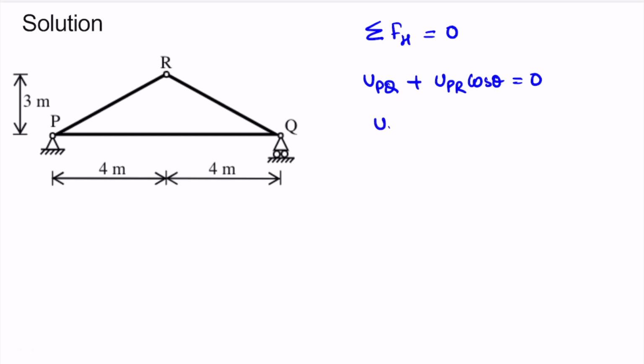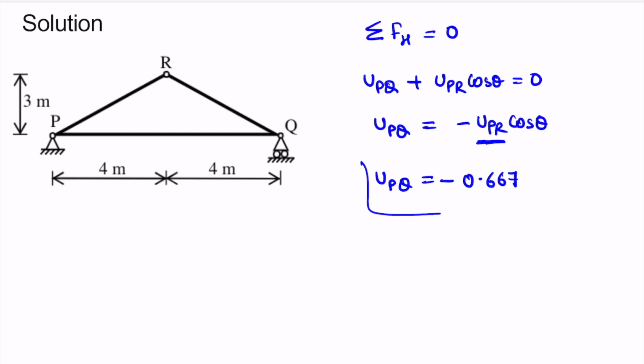So UPQ will be equal to minus UPR cos theta, and we already know the value of UPR here, so UPQ will be equal to minus 0.667. So we know the value of UPQ and we know the value of UPR. URQ will be equal to UPR only.